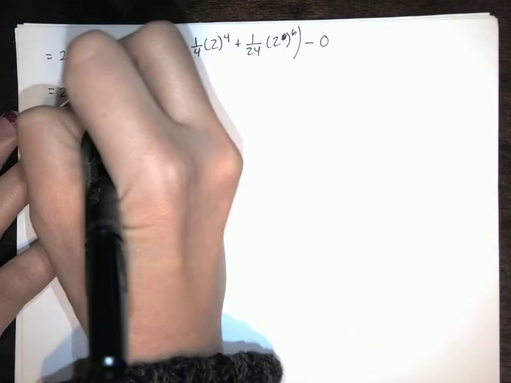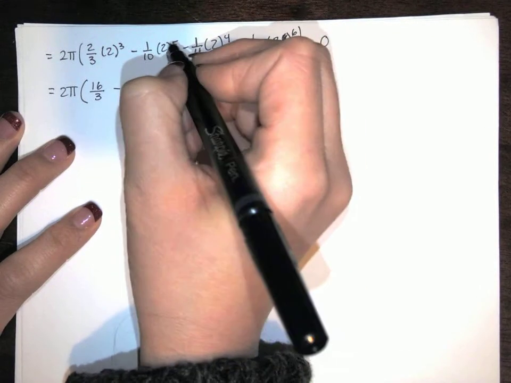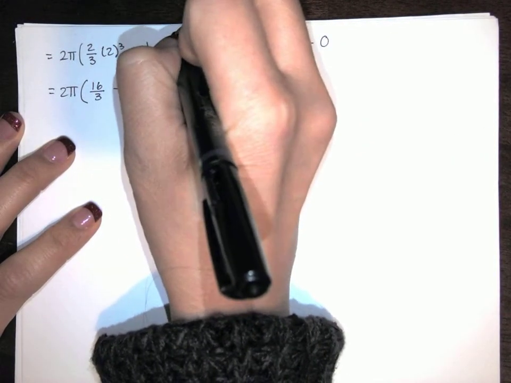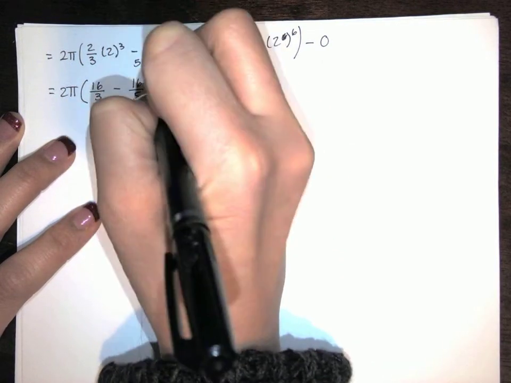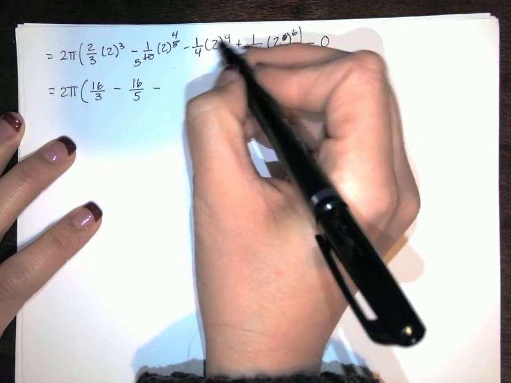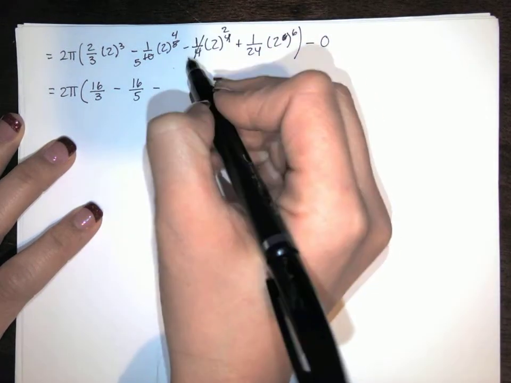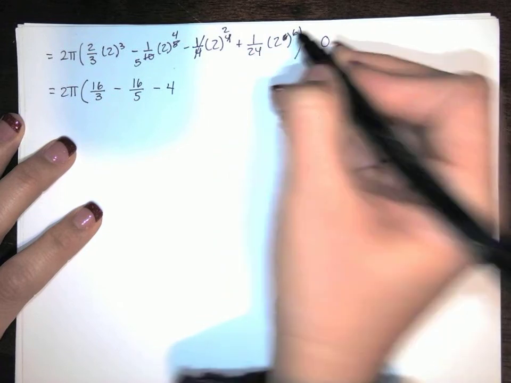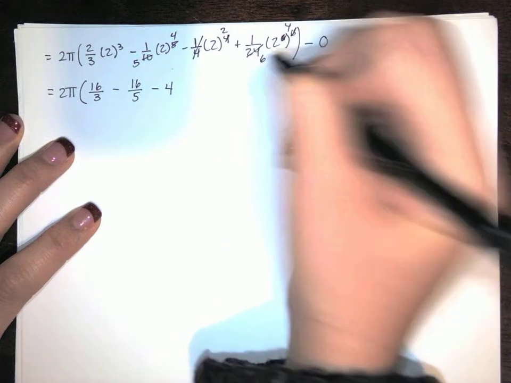That's 8 times 2 is 16 over 3 minus 32 over 10, or factor out one of those 2's, 16 over 5. And then I've got 1/4 and 2 to the 4th, so it's going to be 1/4 of 16, or 4. And then 2 to the 6th, I can write that as 2 to the 4th if I divide this by 4 as well.